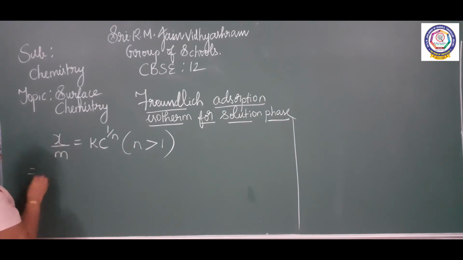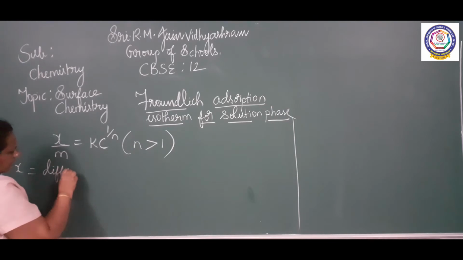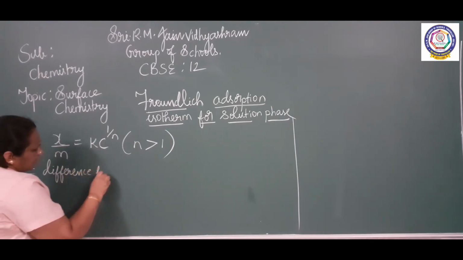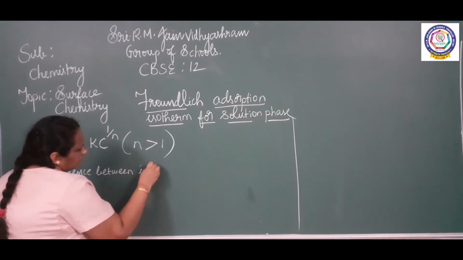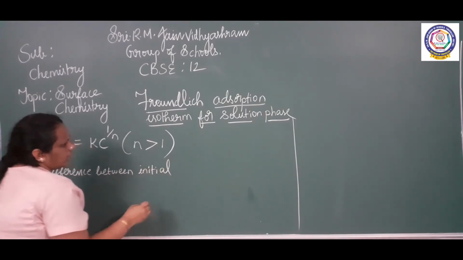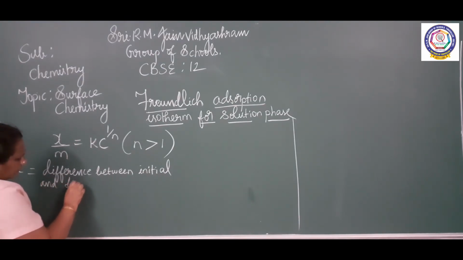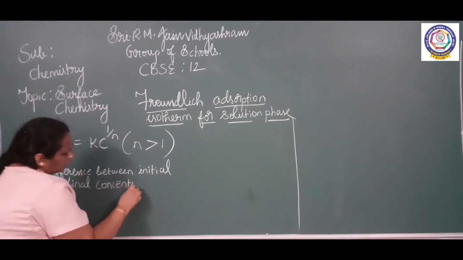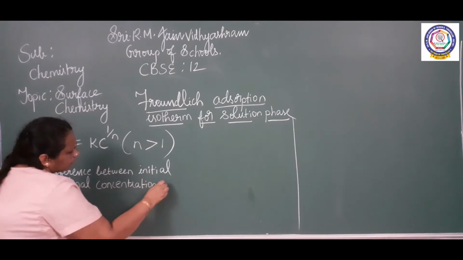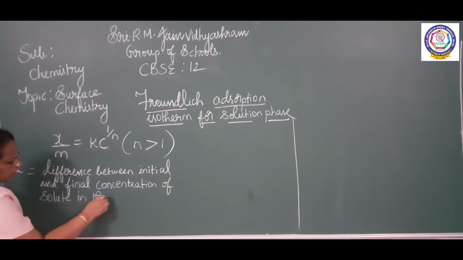So, what is x? x is nothing but the difference between the initial and final concentration of solute in the solution.